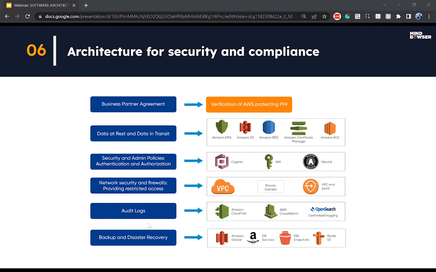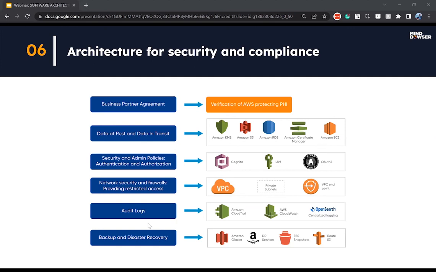When I was telling about this, first there should be an agreement with the cloud provider from the customer's point of view about the kind of data being protected, and we should provide the data classification to the cloud provider. AWS itself does not say that it will protect the compliance.